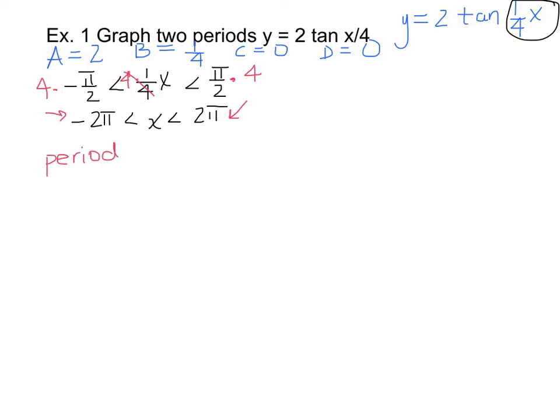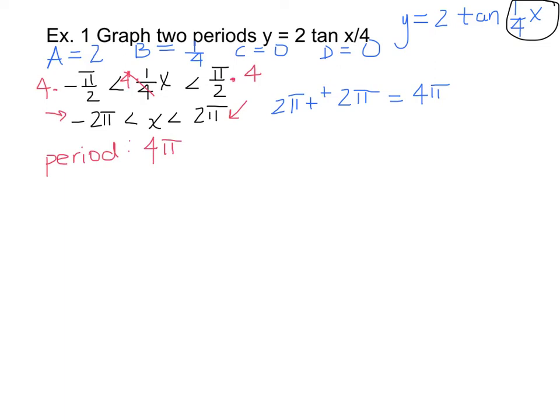You can do 2 pi minus a negative 2 pi, which will make it 4 pi. So your period is actually 4 pi units long. The period is how long your cycle is, or the distance of that cycle. So our period is 4 pi.